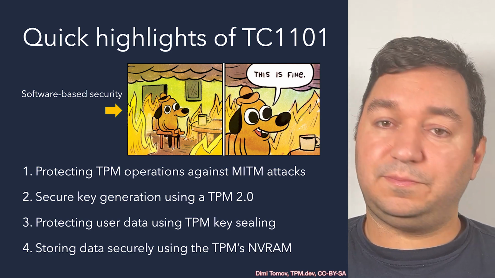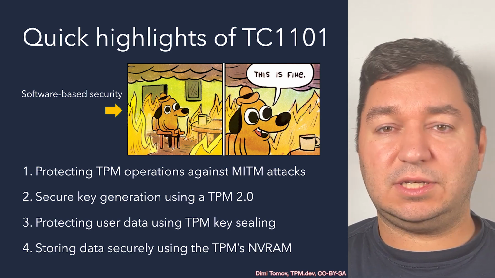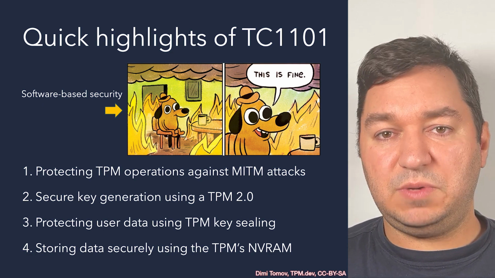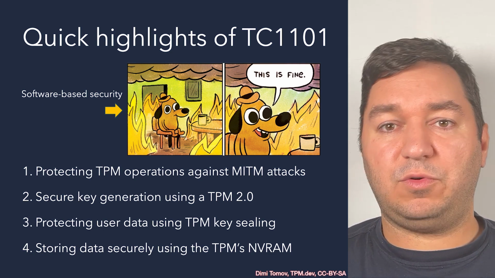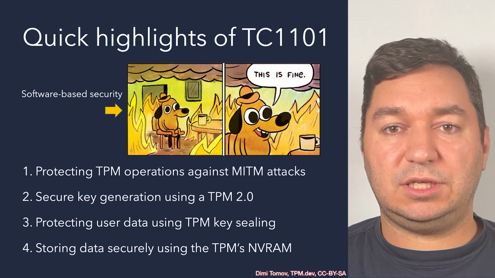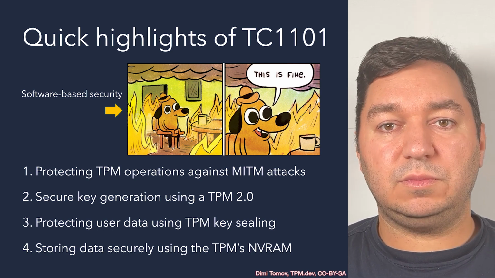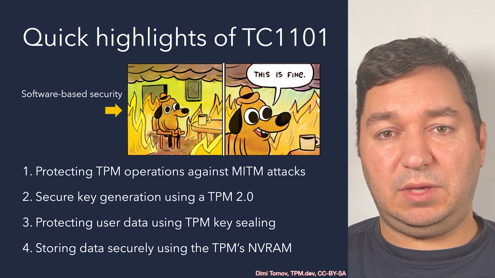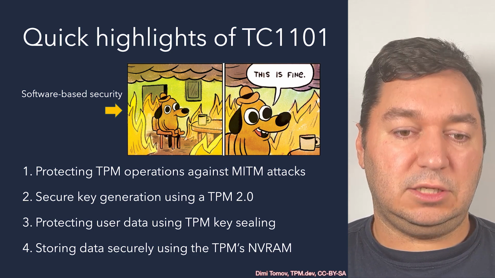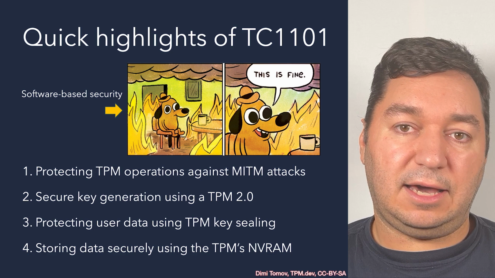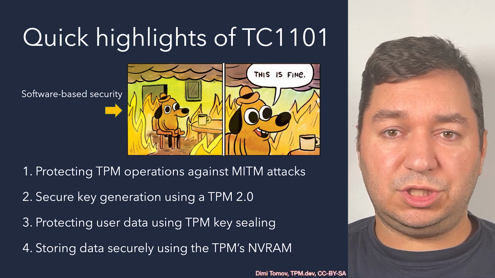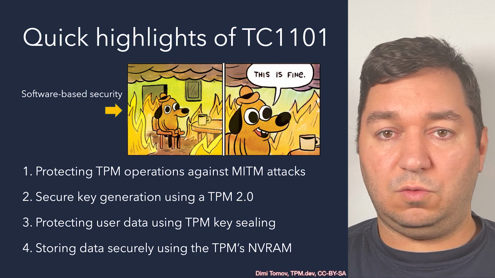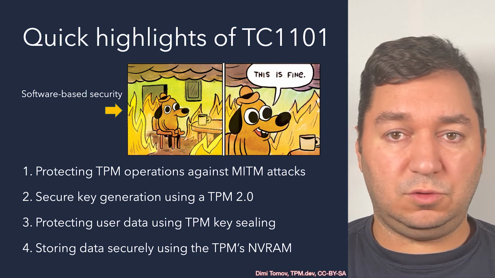We also learned that TPM child keys can be stored outside the TPM because they come in encrypted block form that only the TPM and the owner of the primary key under which these child keys are can unwrap them and load them. We learned a lot about the non-volatile memory of the TPM because this is one of its unique properties, that it has this secure storage, physical secure storage, available also to the user of the system or to the owner or to the administrator, depending on your use case.